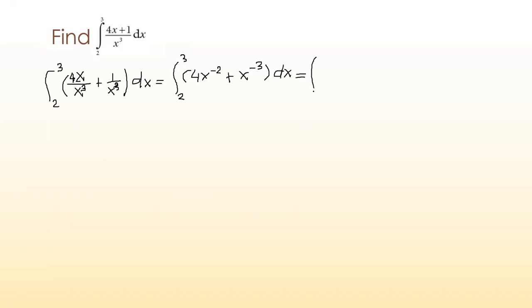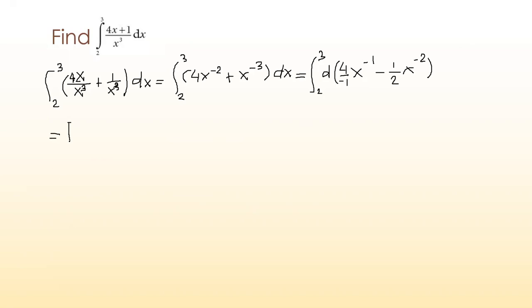And let's define the integration outcome. -2 plus 1 equals -1, 4 over -1, and minus, because -2, so 1 over -2, and it becomes negative here, not plus. And afterwards, substitute 3 and 2.